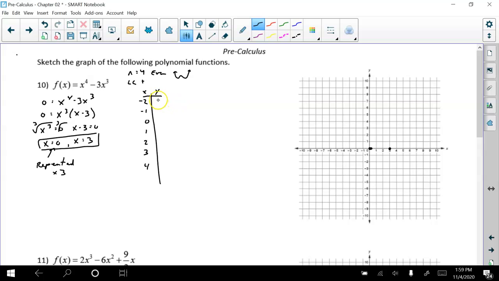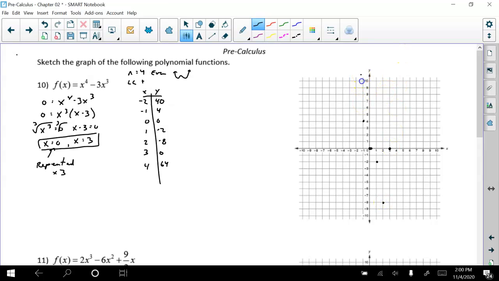So when x is -2, y is 40. Then at -1, 4; at 0, 0; at 1, -2; at 2, -8; at 3, 0; and at 4, 64. So -2, 40 is off the graph. Then we're at -1, 4, 0, 0, 1, -2, 2, -8, and then we're all the way back up.